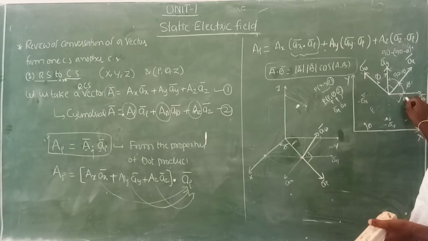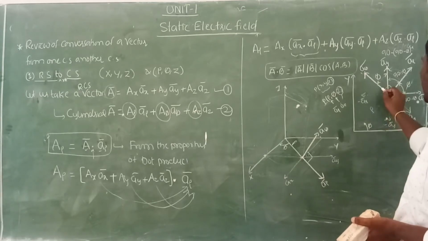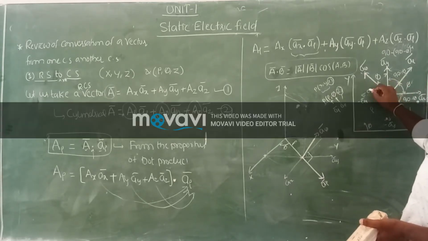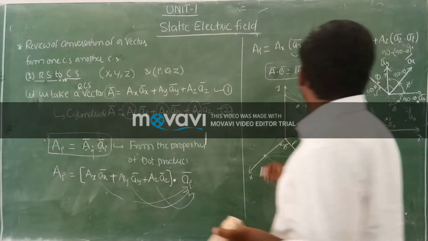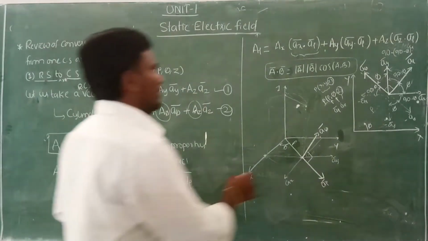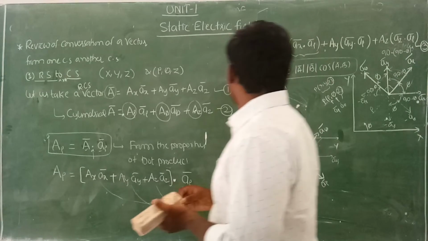So that's why it is 90 minus phi, and it is again phi. And the angle between this one is 90 degrees, 90 minus phi. Okay. Now we will try to calculate the angle between Ax and A rho. Consider it is equation number 3.